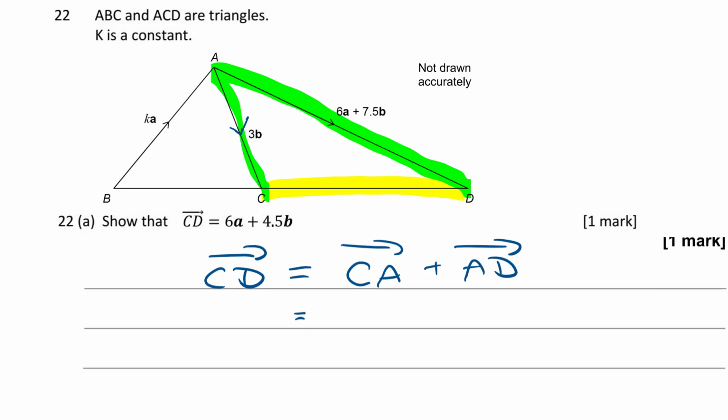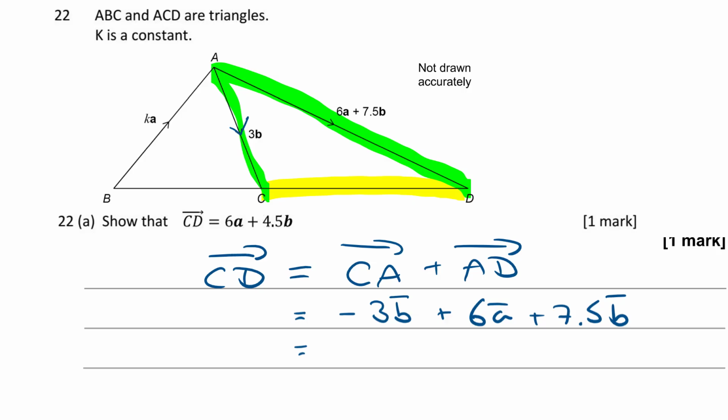So that's equal to negative 3b plus vector AD, which is 6a plus 7.5b. Okay, once we've written it like that, we can just collect together like terms, very much like we do with algebra.